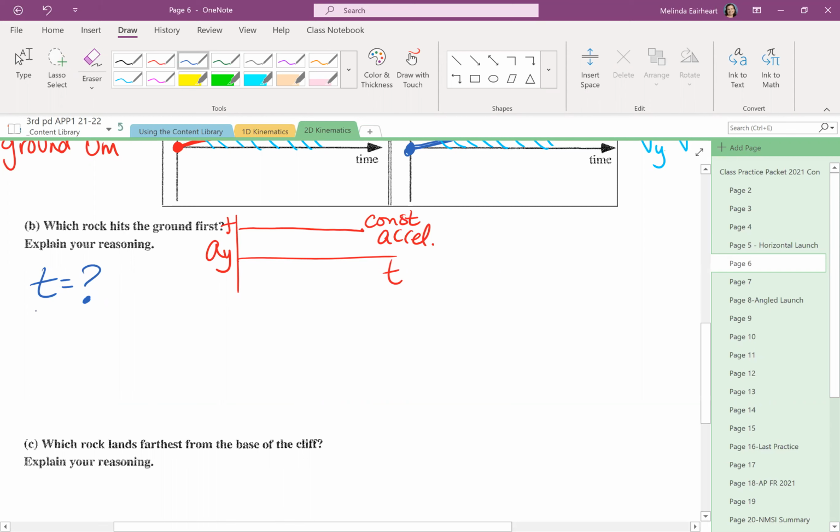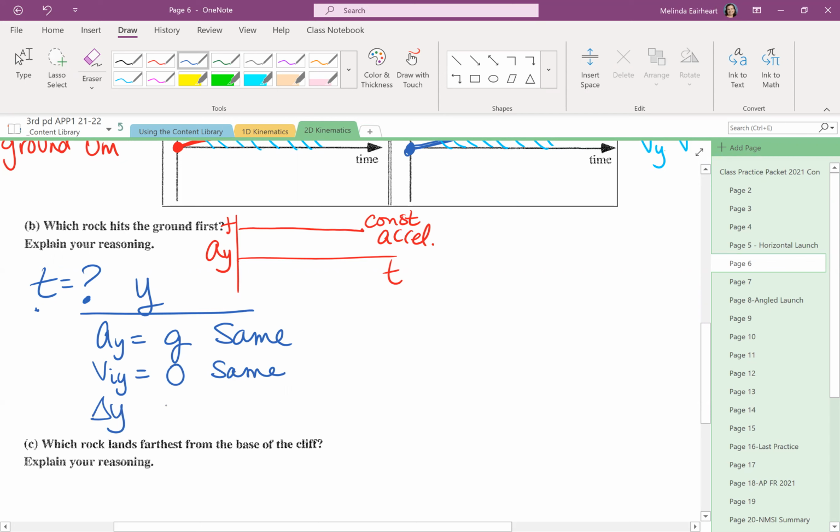Vertical. So, and the key to that one, think back to the balloon. To find the time, we use the vertical axis. It's equal in both columns, but it's dependent on the vertical, because it's how long does gravity take to slow you down or speed you up? And so what do we know vertically about these 2 rocks? Gravity, same. They were thrown horizontally, so initial vertical velocity is 0, same.